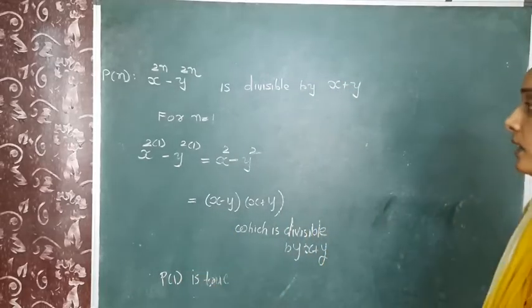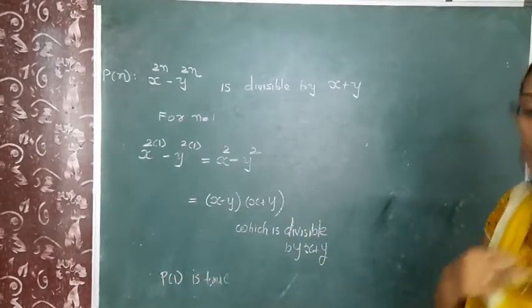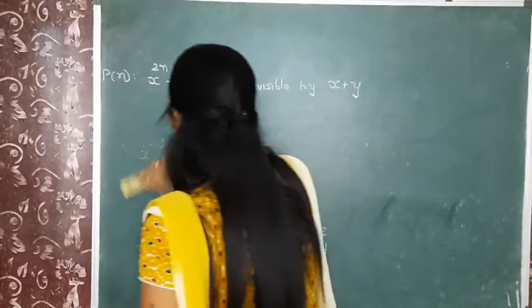Now we assume that P of k is true, that means the statement is true for any natural number k.